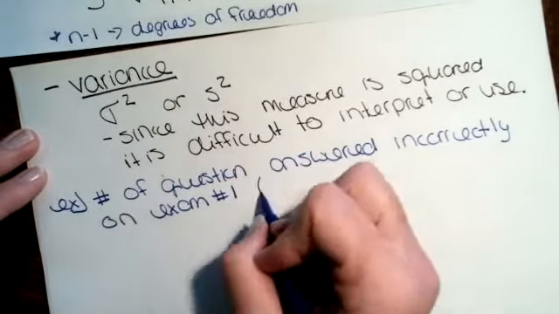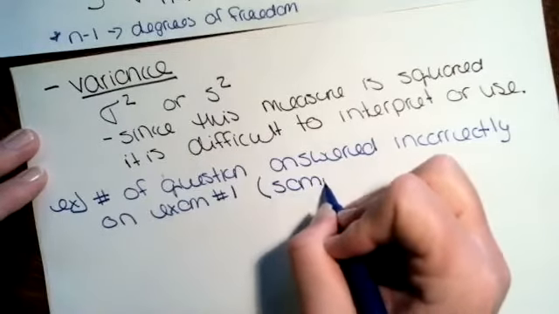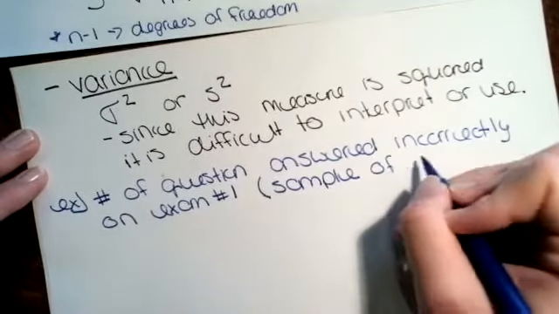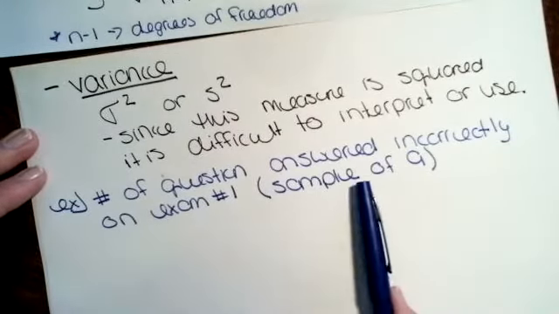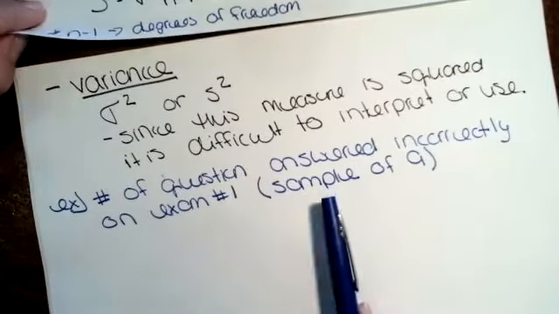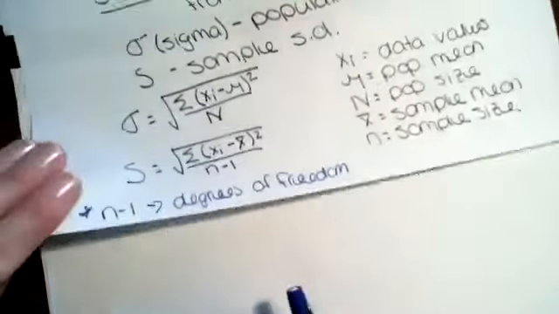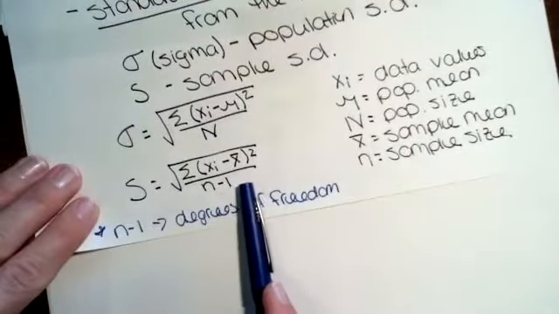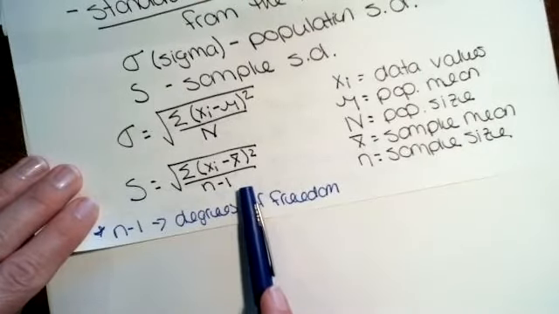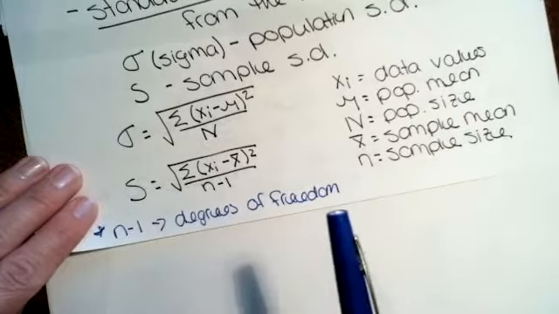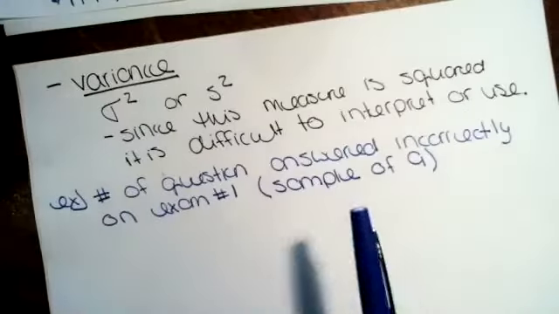Okay, and here I have a sample of 9 students. So right here in this example, I'm telling you I'm looking at a sample, and right there, that tells you that you're gonna use S, this calculation here, which we almost always use because we rarely study an entire population.